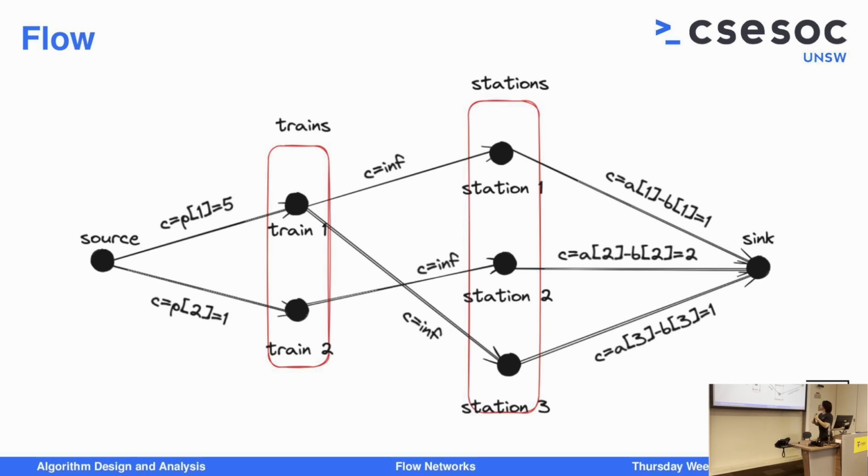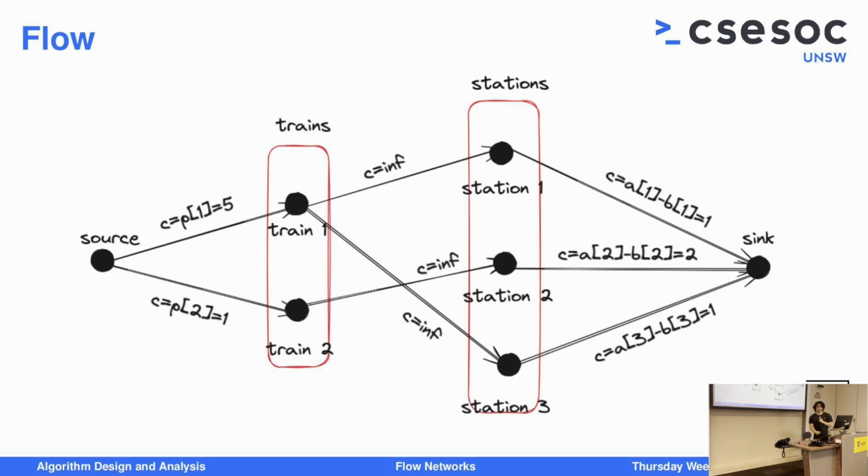And finally, we have our stations connected to the sink by this value here, which is essentially the remaining capacity of the station. You can see how this represents the people, and how many of them can fit in the stations.